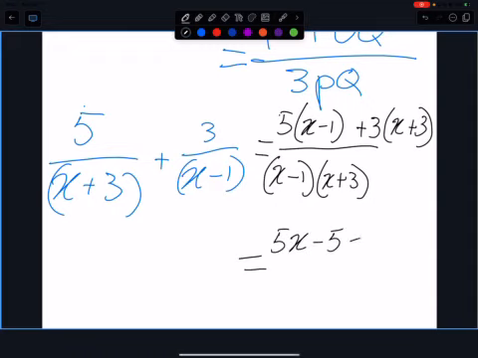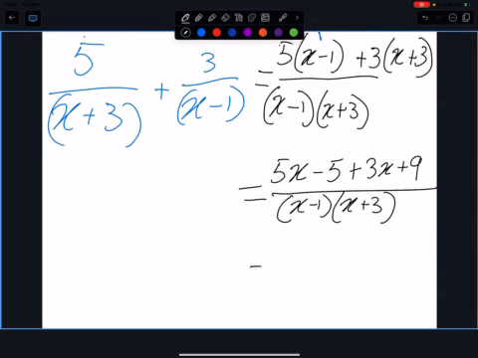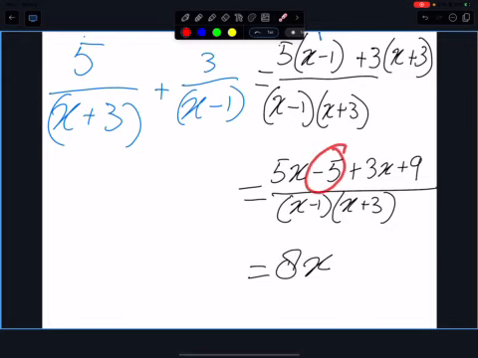5x minus 5 plus 3x plus 9 over x minus 1, x plus 3. You can still simplify. You see 5x here. 5x plus 3x equals 8x. Minus 5 plus 9. Correct. Positive 4.